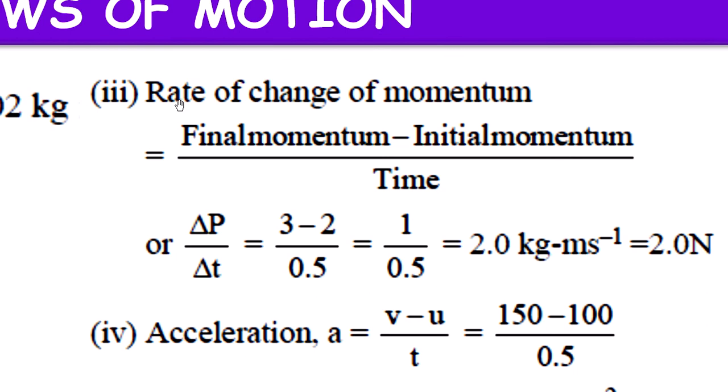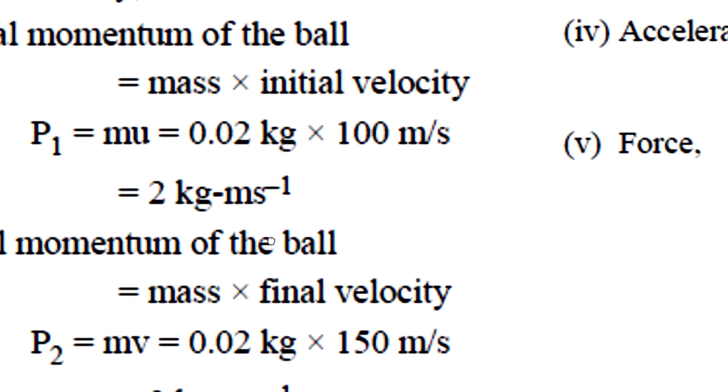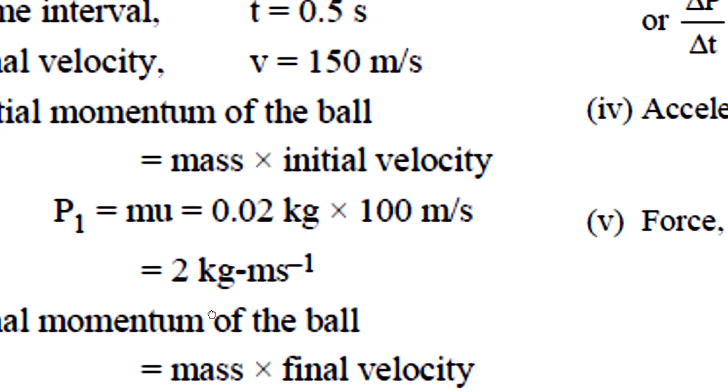They have asked the rate of change of momentum. Rate of change of momentum is change of momentum with respect to time. Change of momentum is final momentum minus initial momentum, divided by time. So here change of momentum is delta P and time interval is delta T. Here 3, here 2.